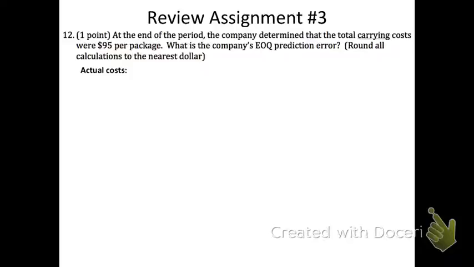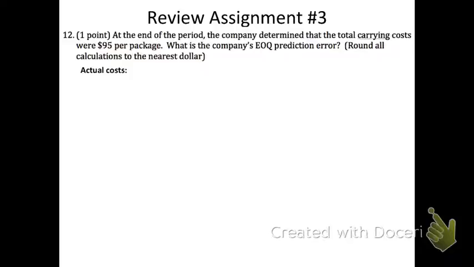So our economic order quantity is going to be not incorrect, but it's going to be wrong based on the estimate that we had. So if our carrying costs are actually higher, then we can kind of think through this. If our carrying costs would have been higher, then our economic order quantity should have been lower because we would have wanted to carry less inventory.